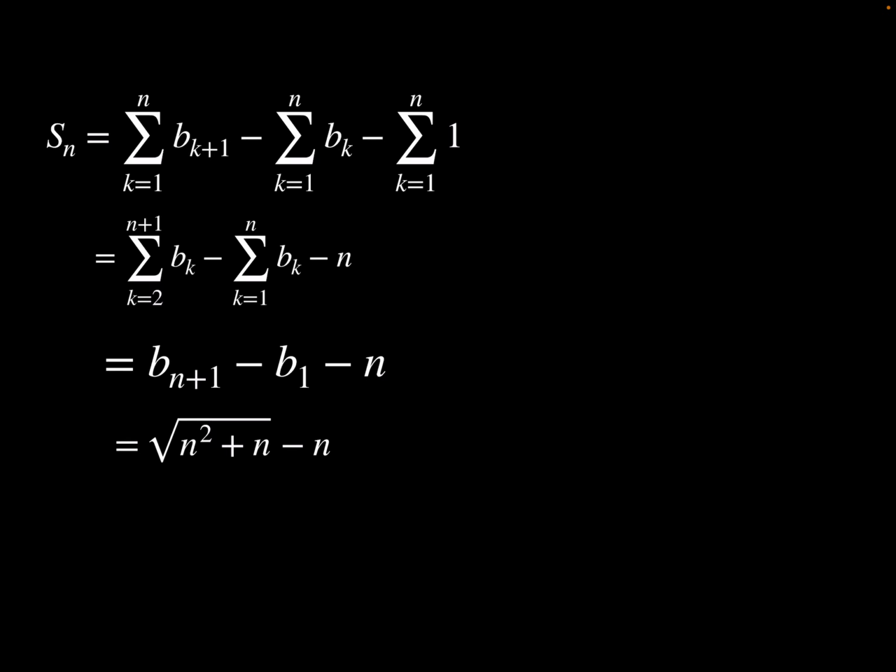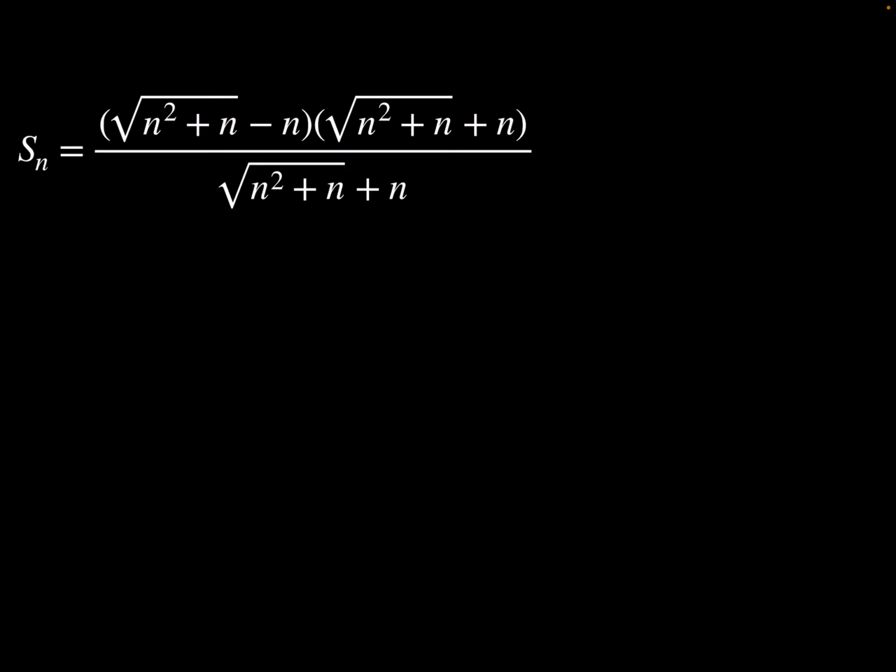Now, we want to rewrite s sub n in a way that can be used to compute its limit. Okay, so we want to multiply s sub n and divide it by the same quantity. And that quantity is its conjugate. So the conjugate of square root of n squared plus n minus n is the square root of n squared plus n plus n.